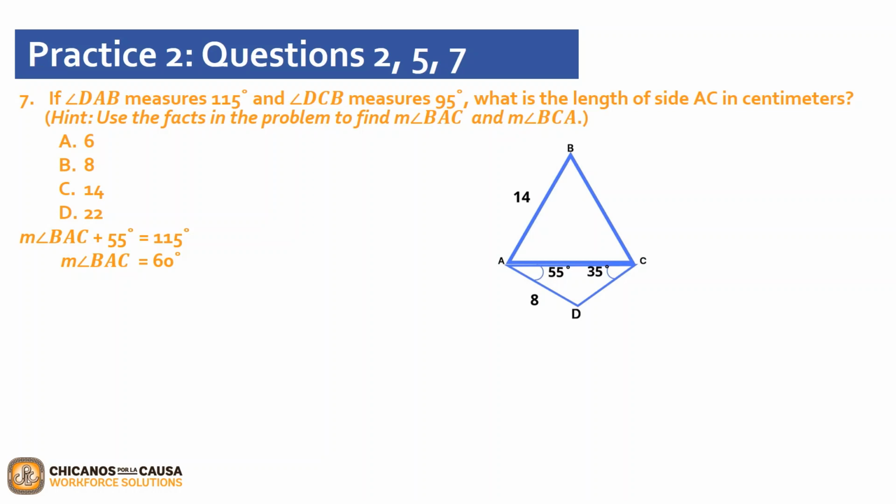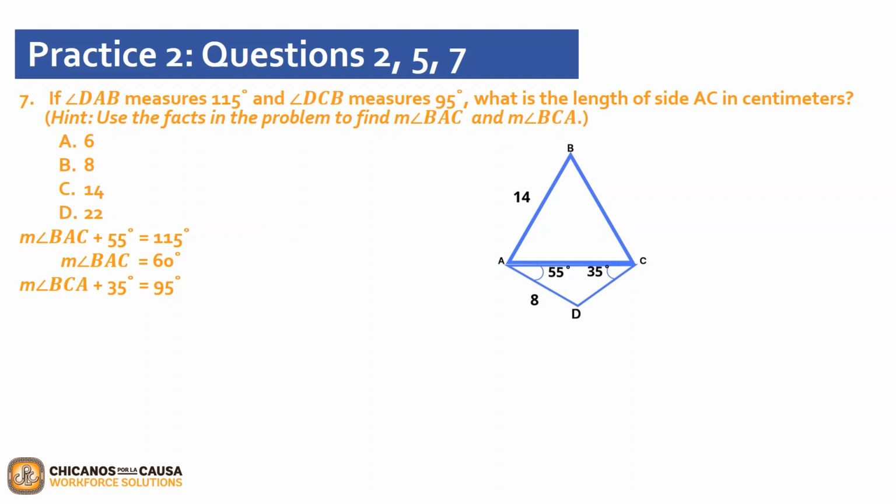Now let's find the measurement for BCA, which is the same thing. If you go back to the question, we know that angle DCB measures 95 degrees. So then when we write our equation, we're going to have angle BCA plus 35 degrees equals 95 degrees. So we're going to solve this equation.